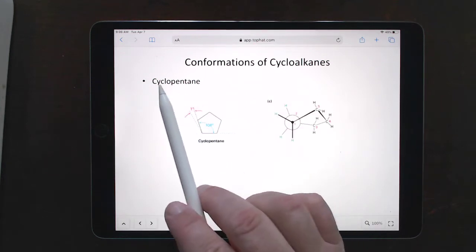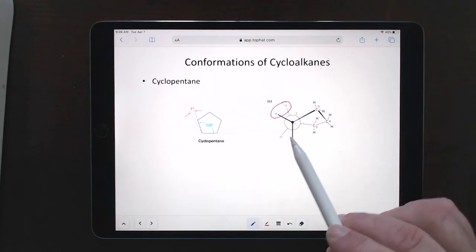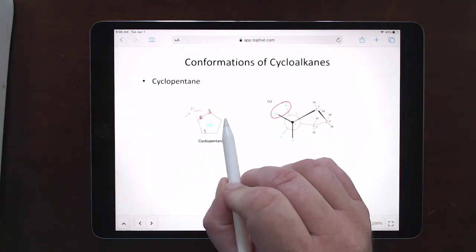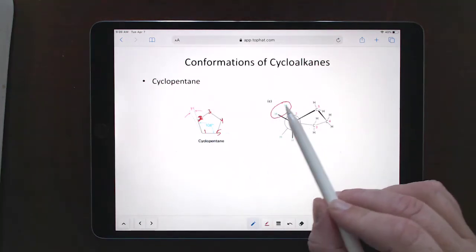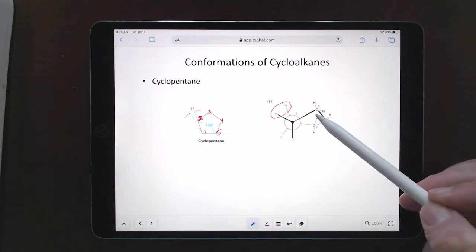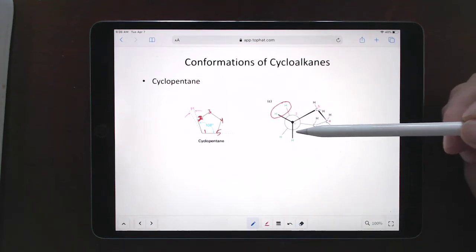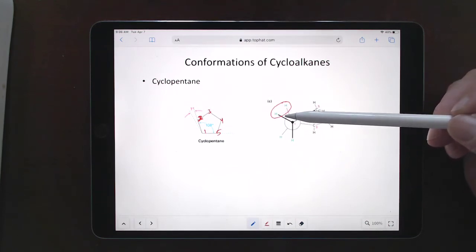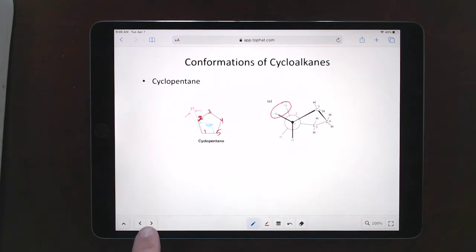When you get to cyclopentane, 1, 2, 3, 4, 5, you're not quite staggered, but you're pretty darn close. Because if you pucker the ring a little bit, then you can get almost to a staggered configuration. So there's not much strain from that.